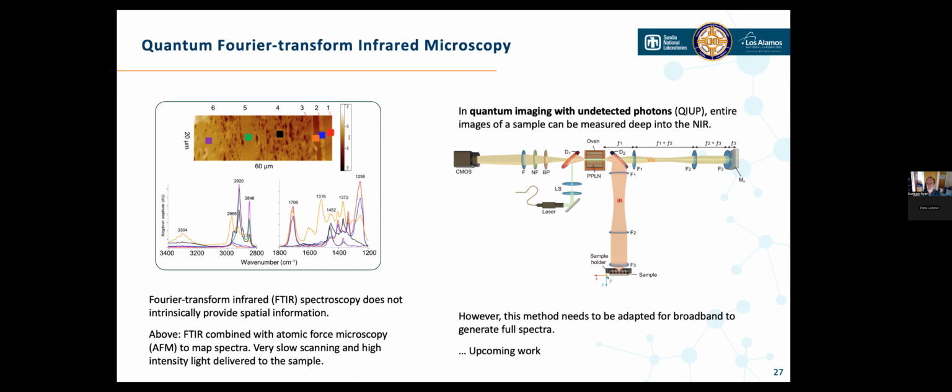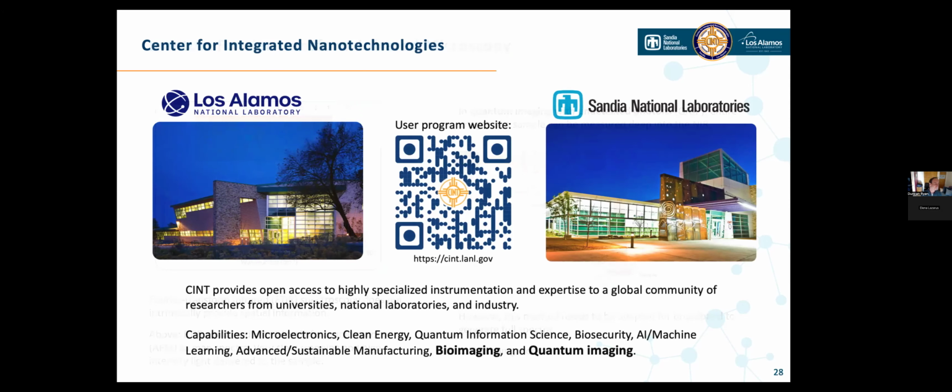This is the problem I addressed in the very beginning with FTIRs: you have to map out these techniques. If you want any spatial context, you have to move around a lot and require a lot of measurements, and that's time consuming. But there's a way of adapting quantum imaging with undetected photons to do these kinds of measurements. That's the next step and what we're working on right now. So maybe invite me back in a couple of years. I don't want to share too much on how we're going about solving that.